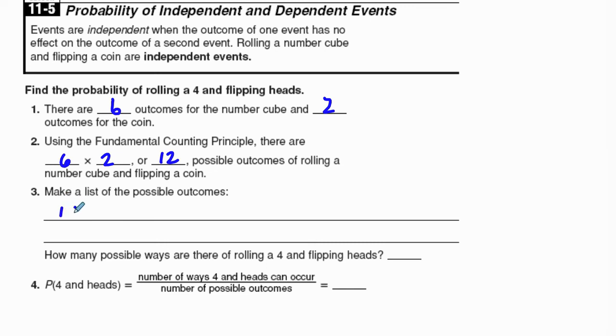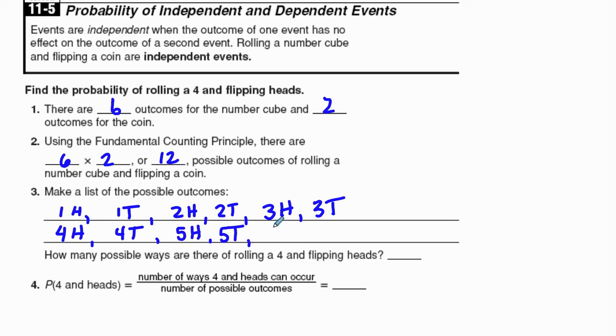So let's see, we can do 1 and heads. We could do 1 and tails. We could do 2 and heads, 2 and tails, 3 and heads, 3 and tails. We could do 4 and heads, 4 and tails, 5 and heads, 5 and tails, 6 heads, and 6 tails.